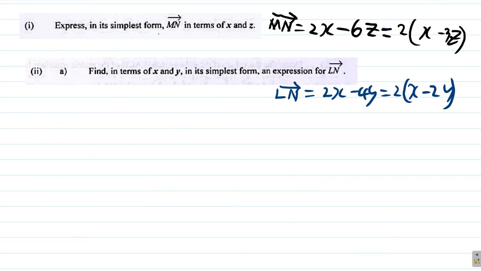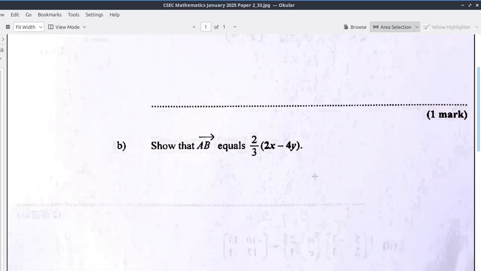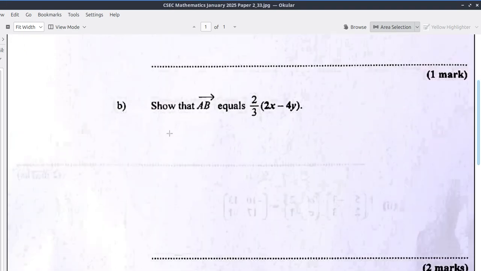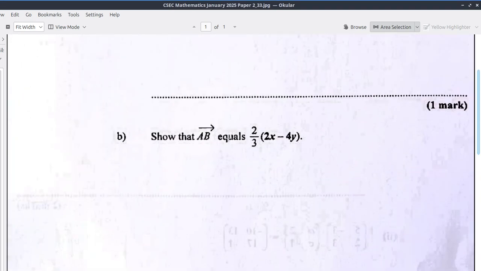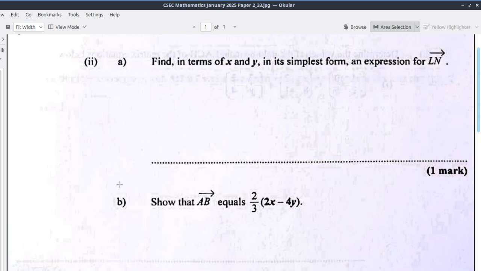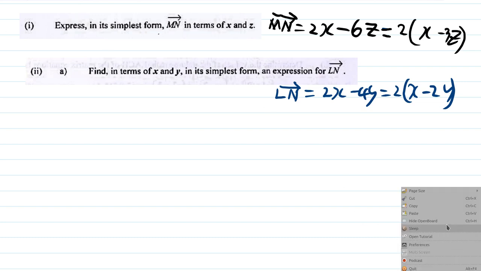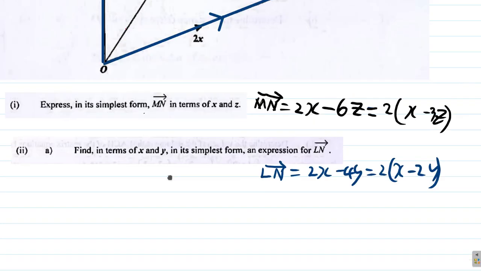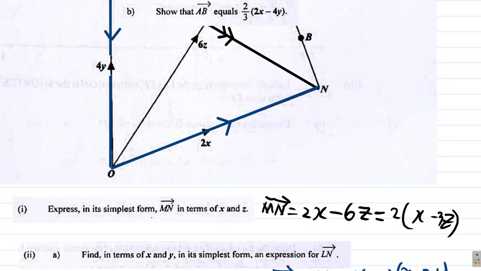Let's see what's going to happen next. Okay. Show that AB equals 2/3 times 2x minus 4y. That will be interesting. Space and continue here. Let's pull this down.